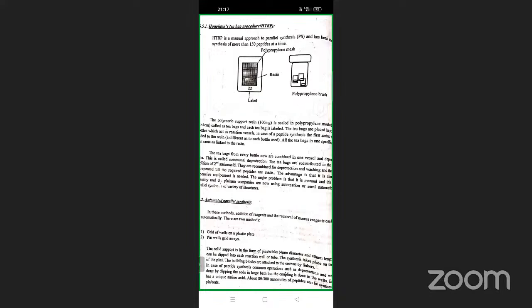This polyethylene bottle acts as the reaction vessel. The polyethylene bottle contains the polypropylene mesh, and this polypropylene mesh contains 100 milligrams of resin. Each one is labeled.